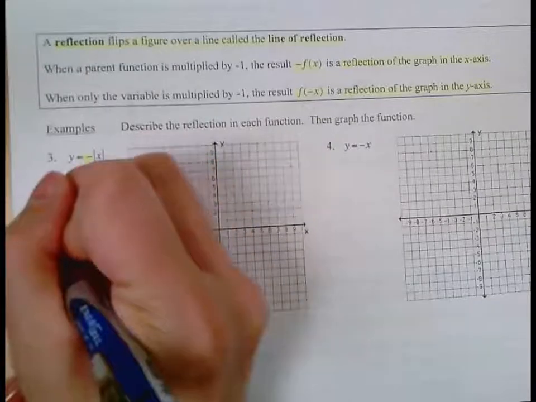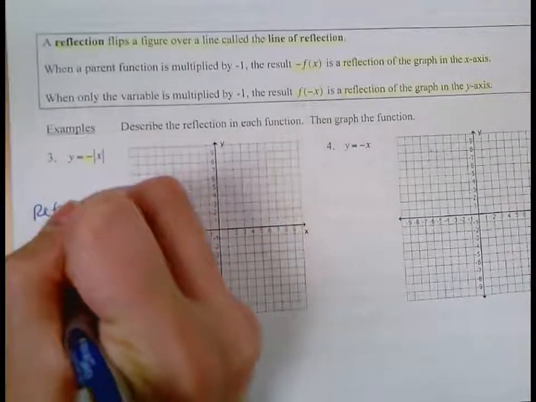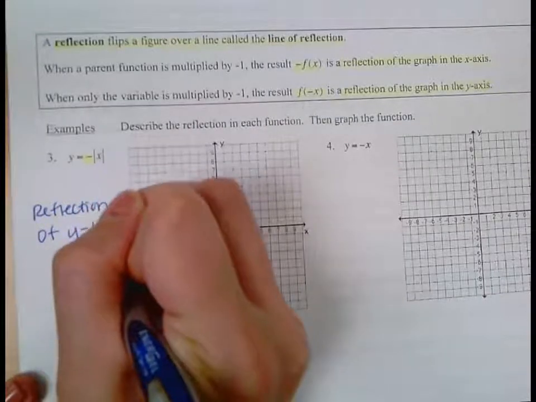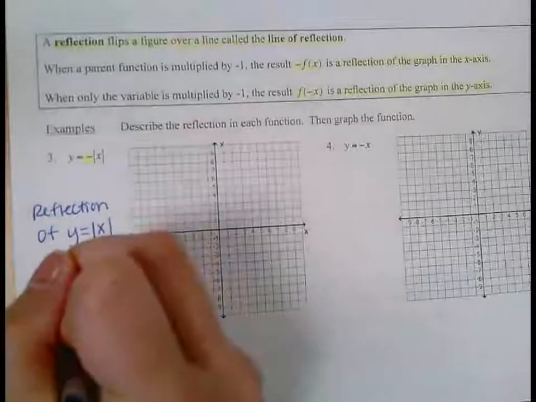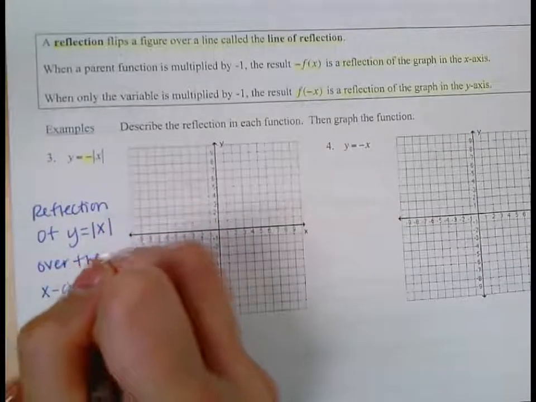To describe this, I would say it's a reflection of the parent graph, which is y equals absolute value of x, over the x-axis.